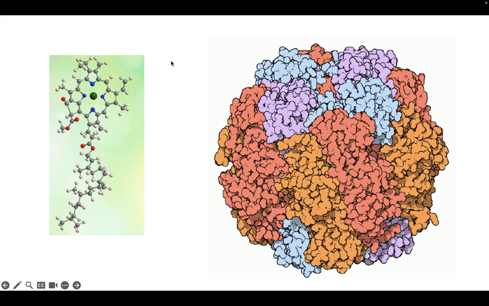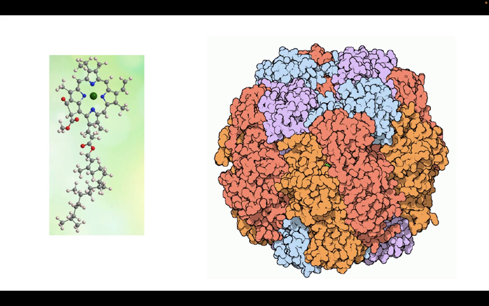So I just wanted to show you some pictures of what some of these molecules we talked about might look like. Obviously, these are just representations of these molecules. In reality, I hope you remember that molecules, even the largest ones, can't be seen directly under the microscope.